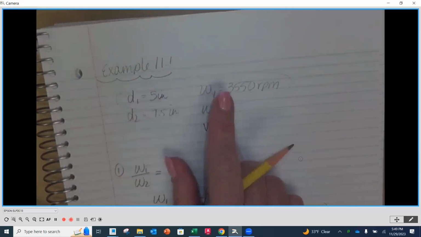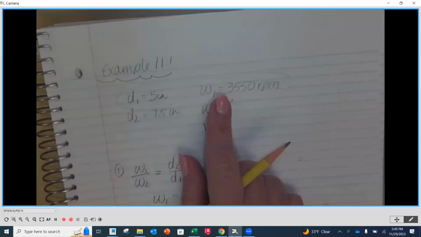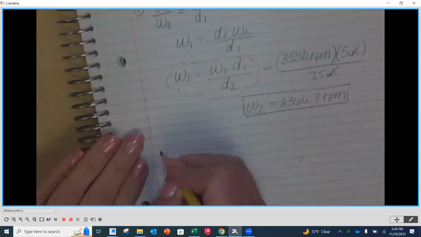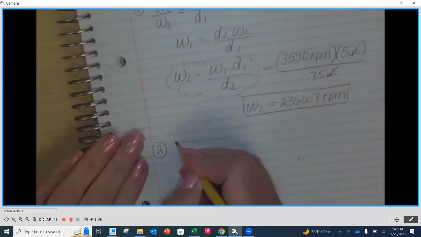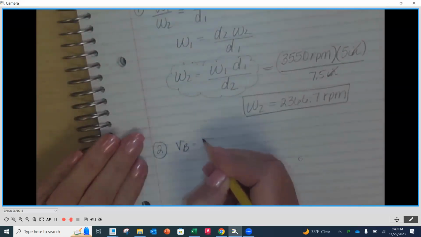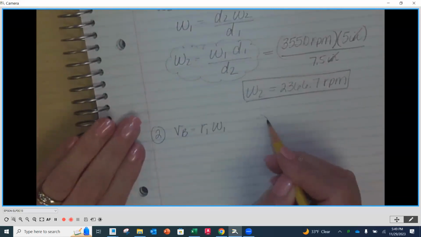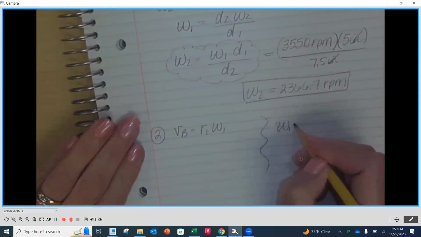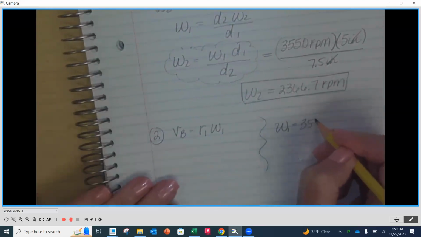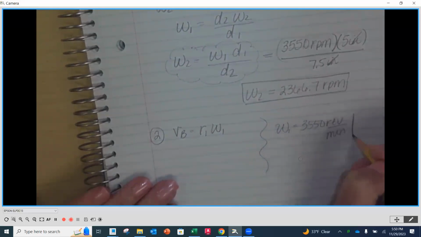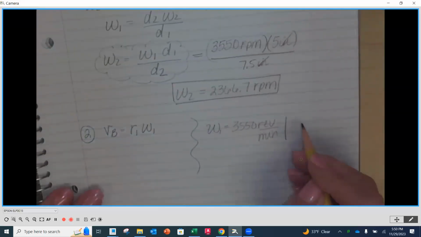And since we have our W1 in RPM, we just have to convert it to radians per second. So step number 2 here is going to be, we're going to use pitch line speed is equal to R1 times W1. So over here, I'm going to convert my W1 from 3550 revolutions per minute to radians per second.